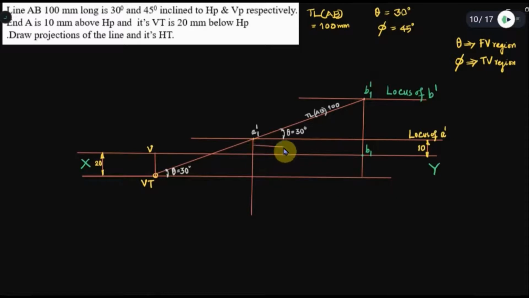So here we have the top view length of AB. To make our understanding clear, I am going to mark that one also. So this is this length. See, this length is the top view length of AB, that is small ab length.